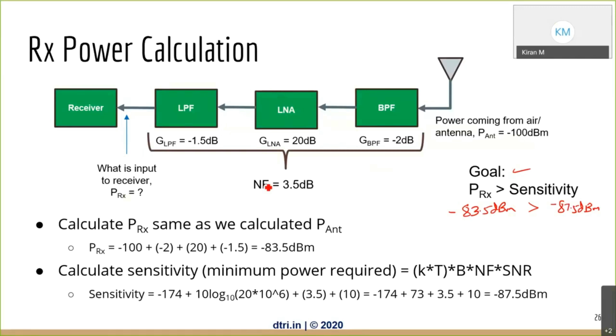The answer is yes. Remember, these are negative scales. Minus 83.5 is greater than minus 87.5, although if they were positive numbers, 83.5 would be smaller. So this system meets the sensitivity goal, which means the receiver can now recover the signal.